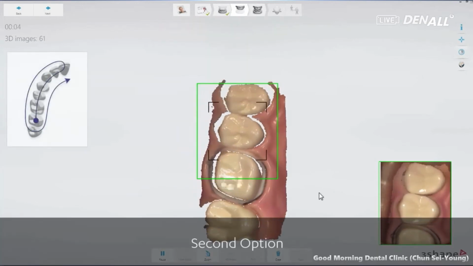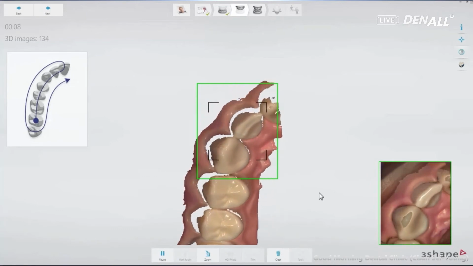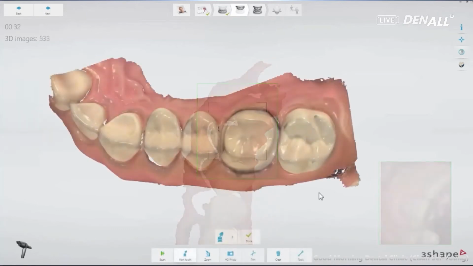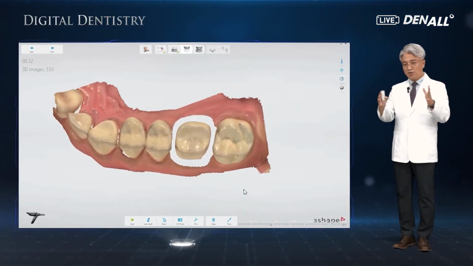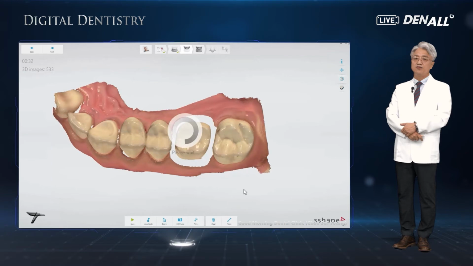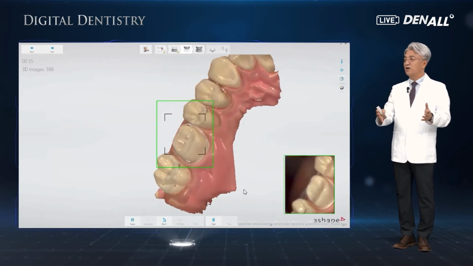For the second option, gingiva cord packing is done. The whole quadrant scanning is done first. The precise margin or contact area with the adjacent teeth or missing is trimmed or deleted, and it is scanned again after moisture control or gingiva cord packing.